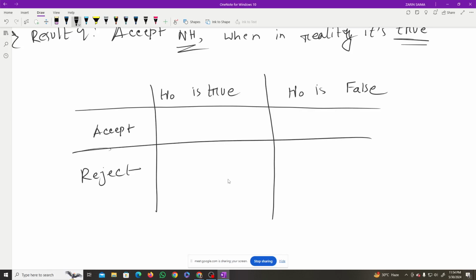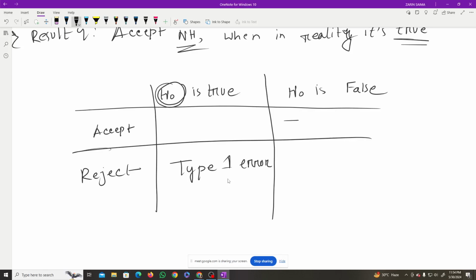So when does your type 1 error occur? When your null hypothesis is true, but you're rejecting it. So in this case, your type 1 error occurs. You will get another error, known as type 2 error, when your null hypothesis is false, but you accept it.